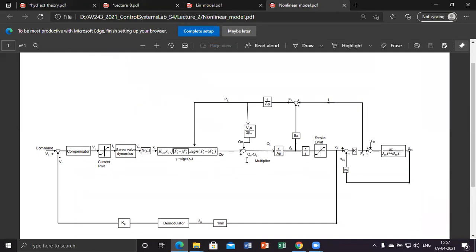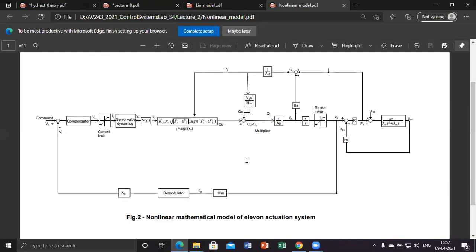I initially explained the functional block diagram. The next step is each individual functional block we have to mathematically model. Then convert the functional block by the equivalent detailed nonlinear mathematical model.